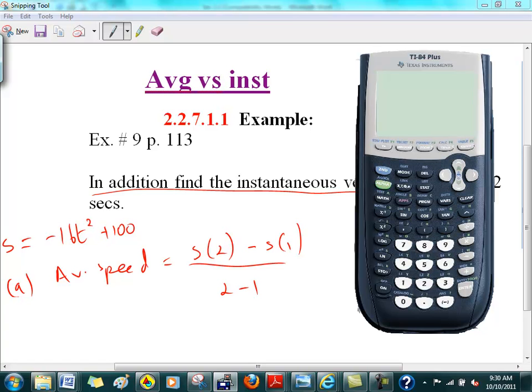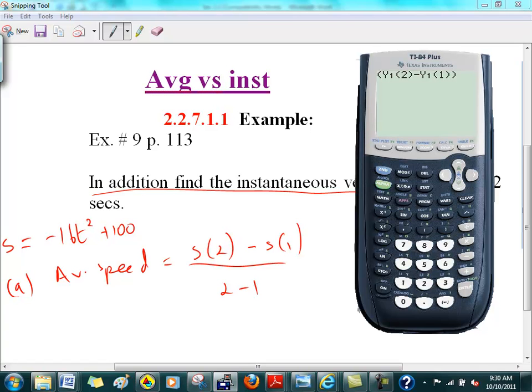And then this is how you want to do it: parentheses, vars, y-vars, function, y1, and I'm evaluating it at time 2, minus vars, y-vars, function, y1 at time 1.